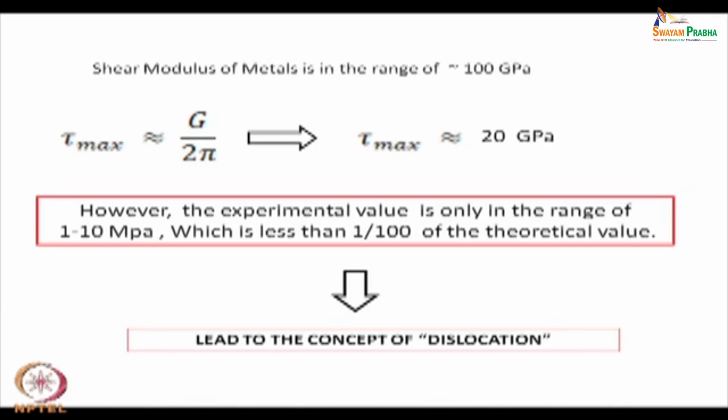If it is a perfect crystal, then that value is of course true, but if it is an imperfect crystal and the imperfections are of one kind called dislocations, then by introducing the concept of dislocations, one can realistically find out the actual stress required for plastic deformation.